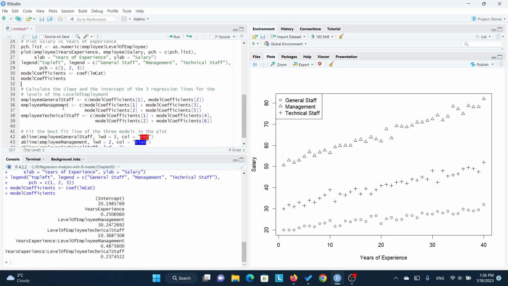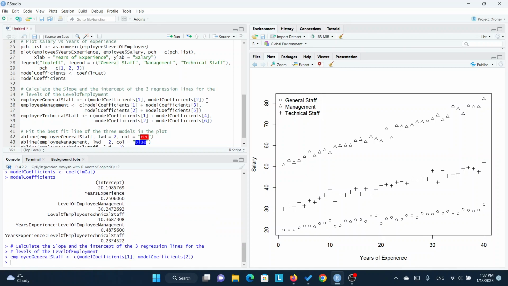Okay, so let's calculate the intercept and the slope for the regression line for the level of employee of general staff. So we're going to name it employee general staff, and we're taking the intercept, and the intercept is going to be 20.1985769, and the coefficient is going to be years of experience, so 0.25060.